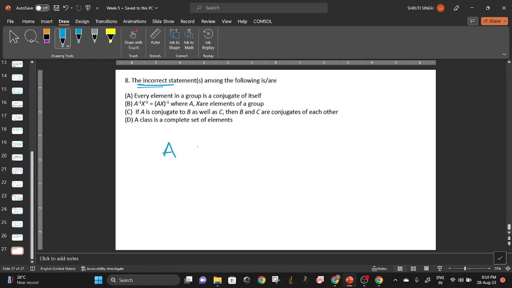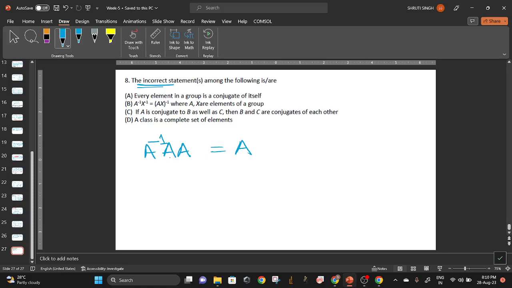If I do left multiplication by a inverse and right multiplication by a, what will I get? I will get a again, right? So this makes this statement correct.